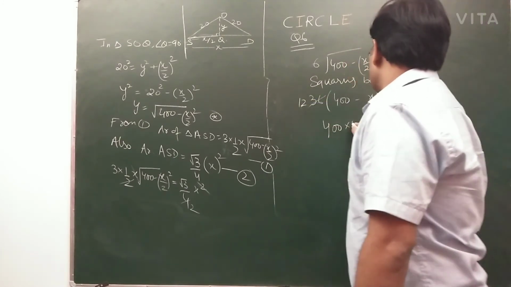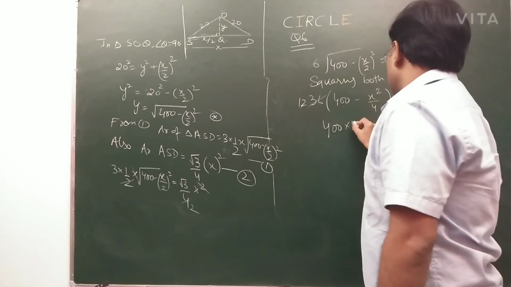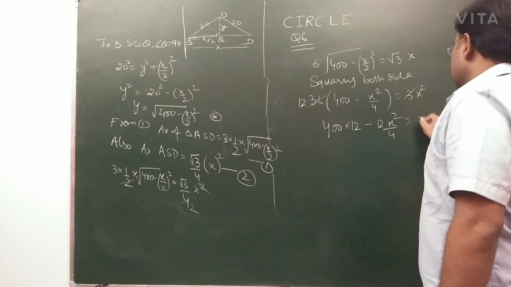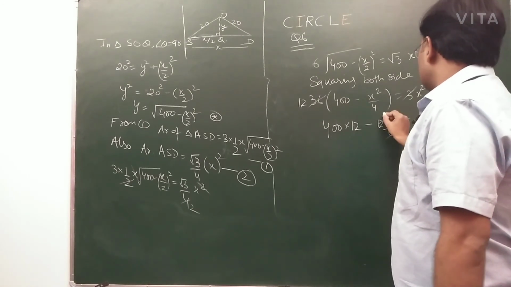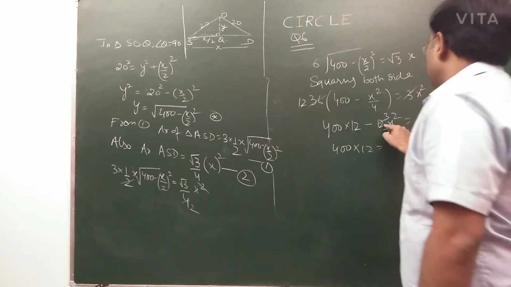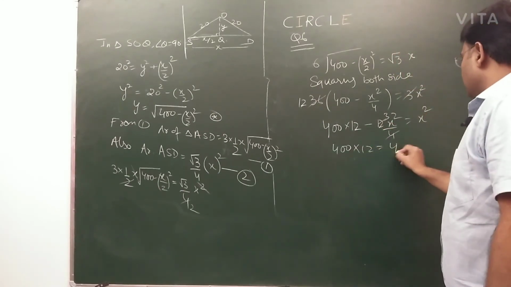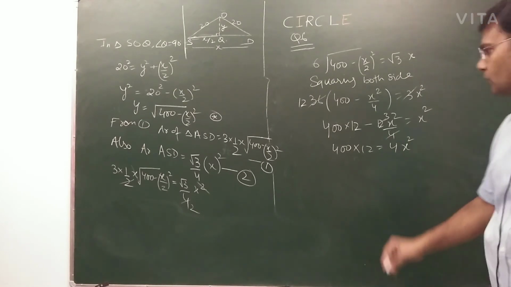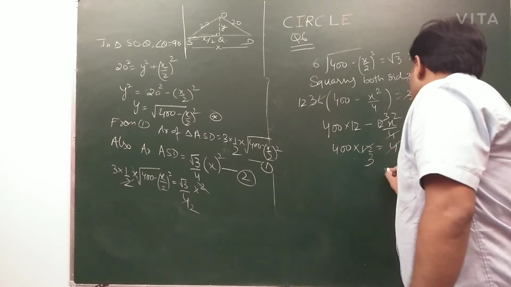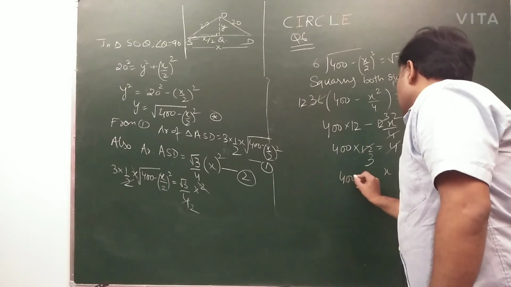Multiply out: 12 into 400 minus 12 x square upon 4 equals x square. So this is 400 into 12, and taking this side, it will be 4x square. So x square equals 400 into 3.